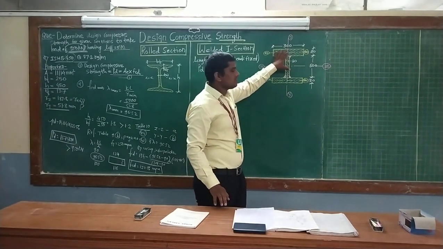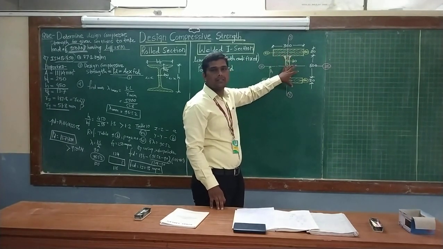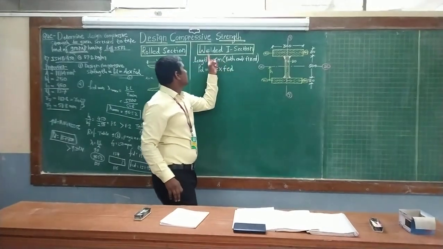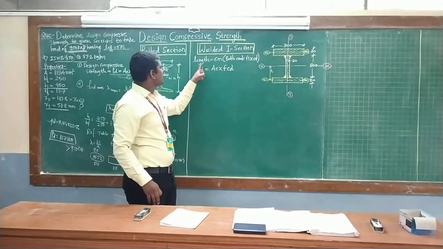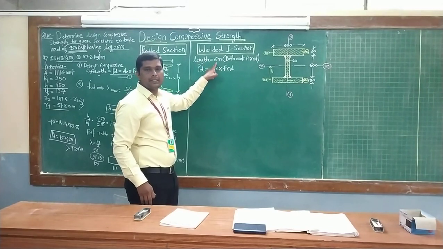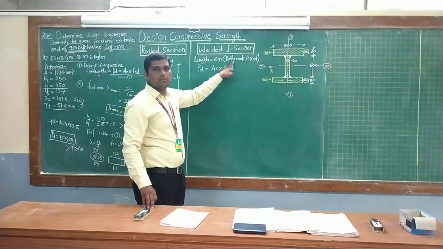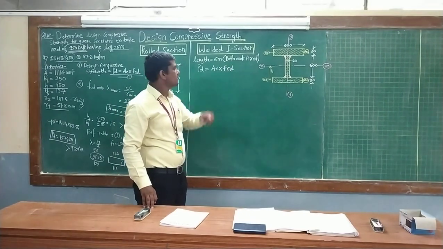The cross section is already mentioned in the numerical. In case of the welded I section, the length of 6 meters is given, and the condition is that both ends are fixed.